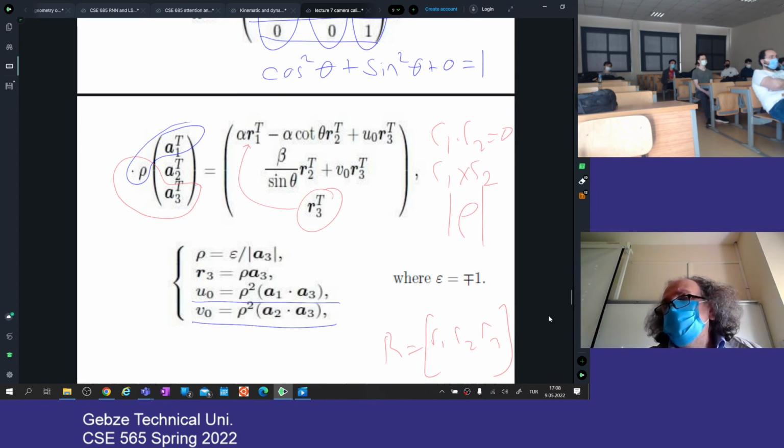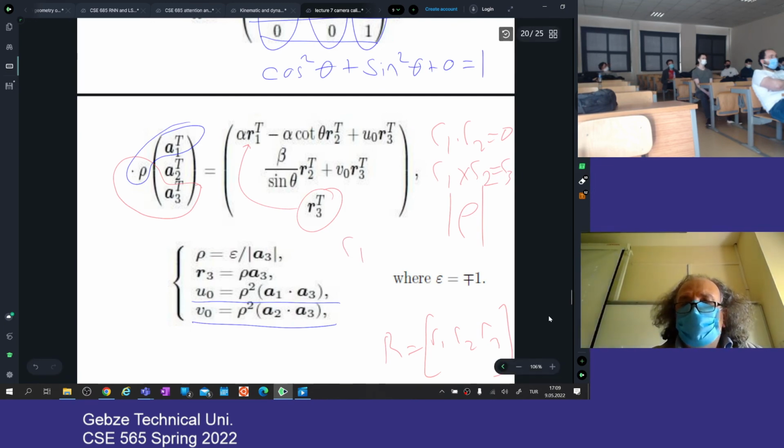If you cross product two orthogonal vectors, it's going to give you another vector which is orthogonal to both of them, right? Which is R3, right? Good. So I can play with this.